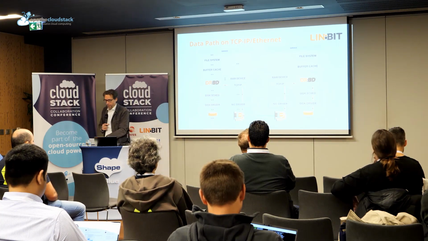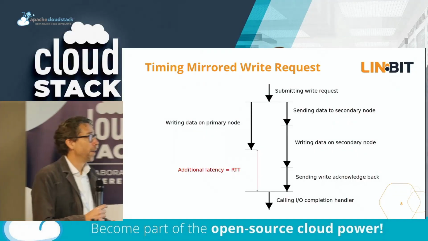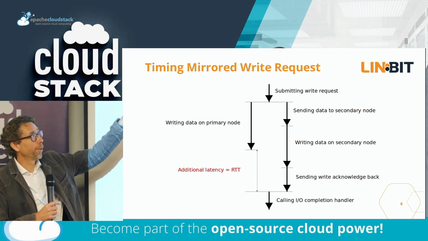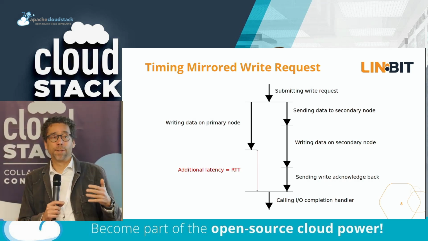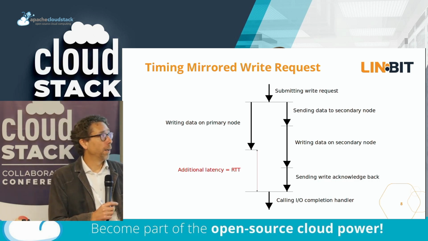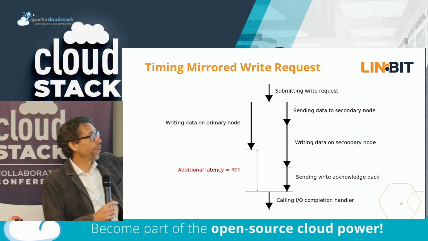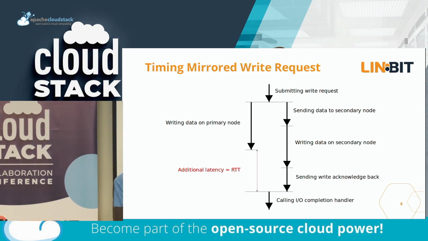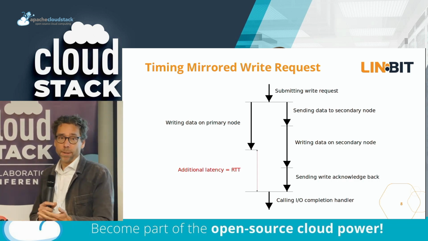So if we look at that, it is like this timing diagram. So it all starts with someone hands us over a write request. It calls into the DRBD driver. Starting from there, we do 2 things in parallel. We submit it to the local I/O subsystem, and we hand it over to TCP/IP.